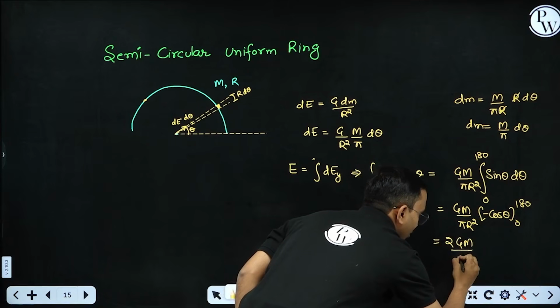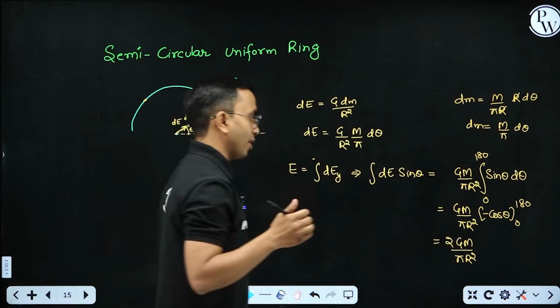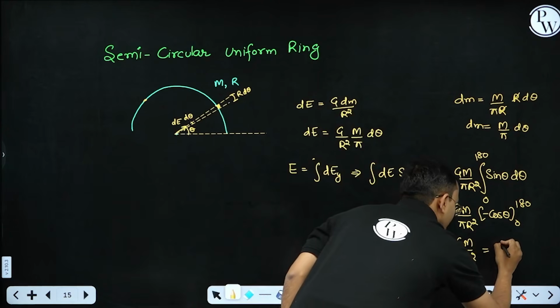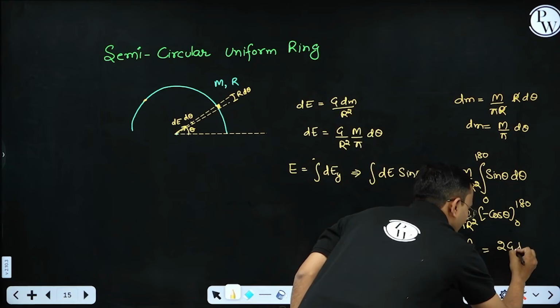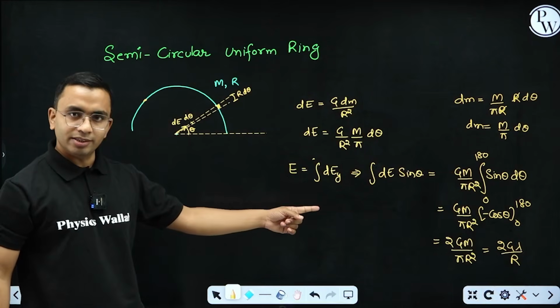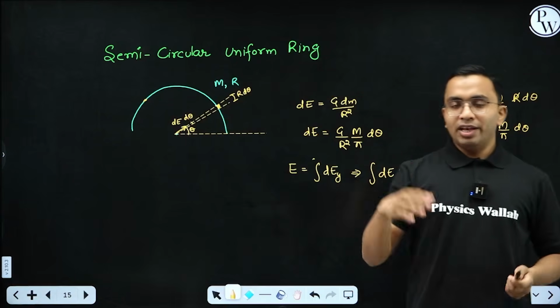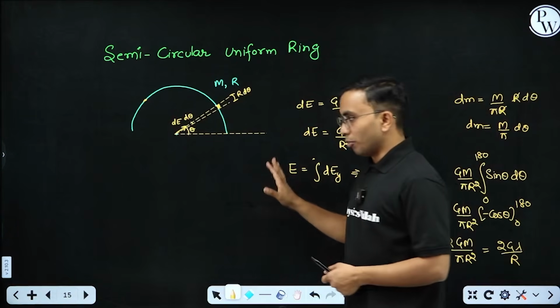So this is 2 g m by pi r squared. m by pi r is my lambda. So this is 2 g lambda by r. Same formula as 2k lambda by r, isn't it? Yeah. So you can relate the electric field formulas and gravitational field formulas.